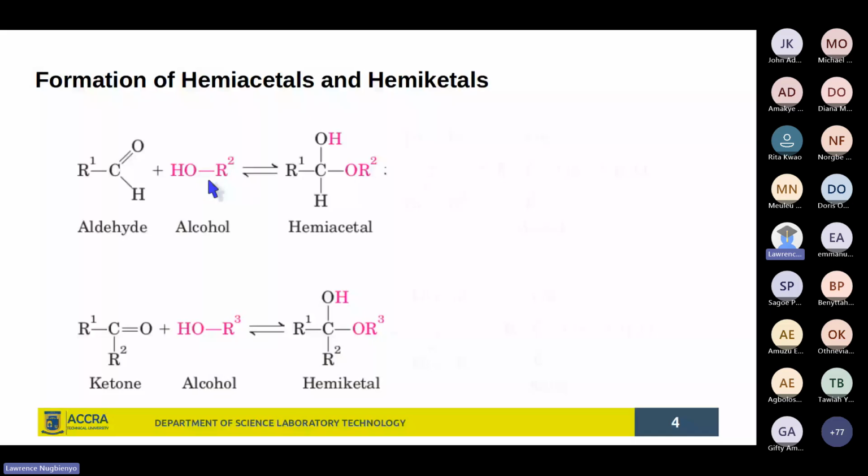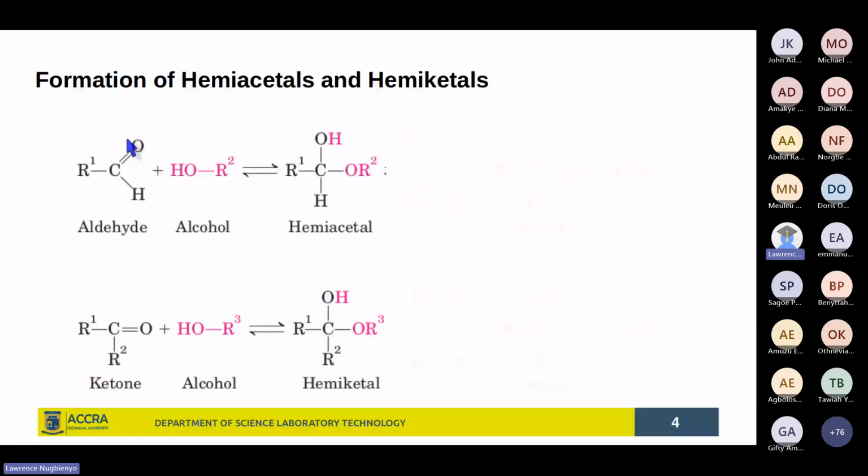So we see that first of all, you have the hydrogen from the hydroxyl group of the alcohol reducing the oxygen, which is in that aldehyde group.